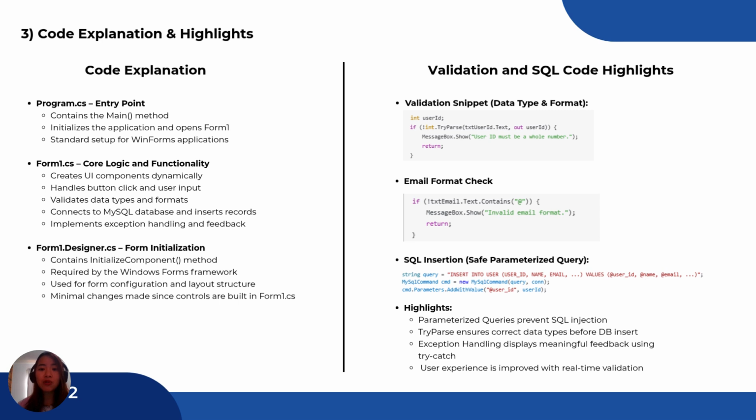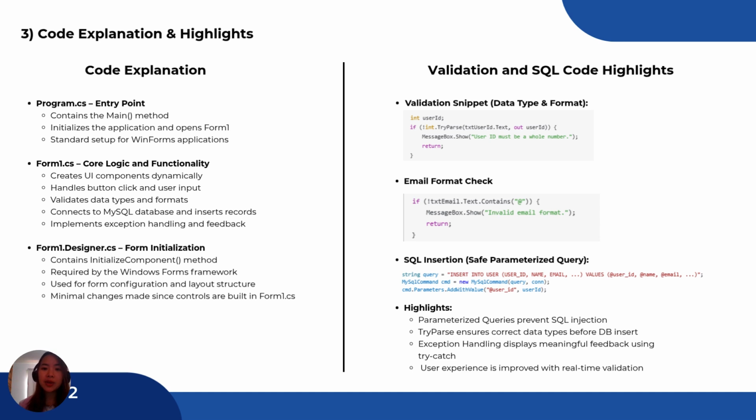So you can see on the right, I highlighted key points of the code in terms of validation. The first method uses int.TryParse to validate the user ID input. This ensures that only valid integers are accepted before proceeding with the database operation.